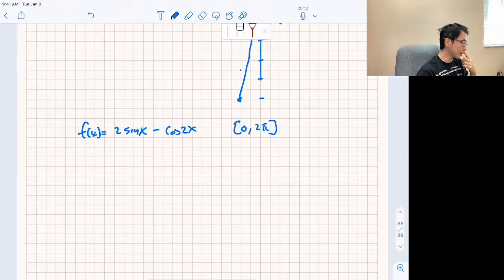The critical number is going to occur at where? Pi over 2, 7 pi over 6, 11 pi over 6, 3 pi over 2. It should be 4. Wait, would it be 5 pi over 6? No. Oh, should be 7, right? So there are 4 numbers here.